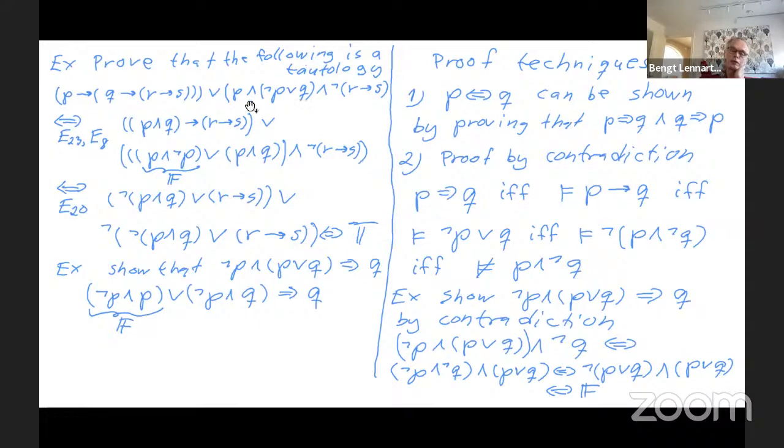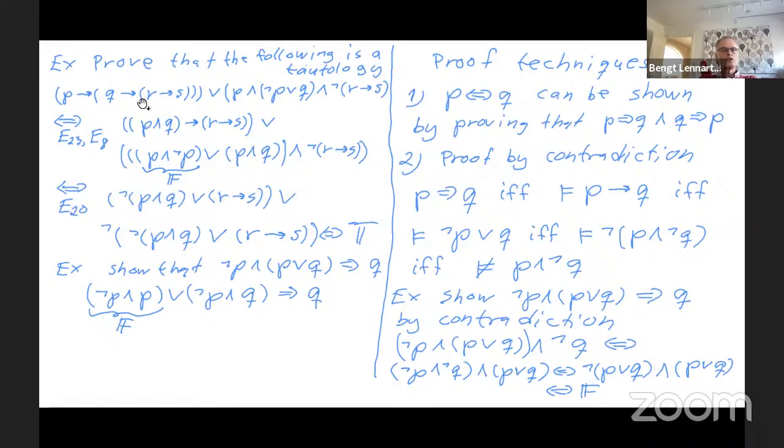You can do this by truth table, and then you get 16 different instances because you have 4 variables here. So it's quite a long truth table. But you can also show this quite more quickly by using these equivalence relations. So let's show how that can be done.